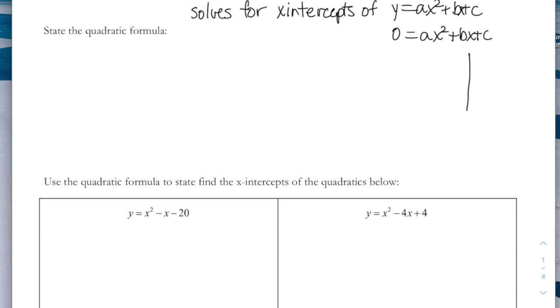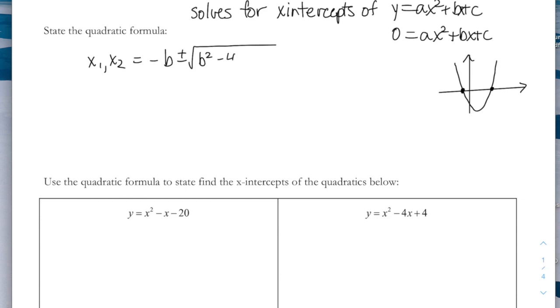So if we imagine a parabola, it will be solving for the x-intercepts of that parabola. So we write it in the form x1, x2, negative b plus or minus, and unfortunately, guys, you just have to memorize this.